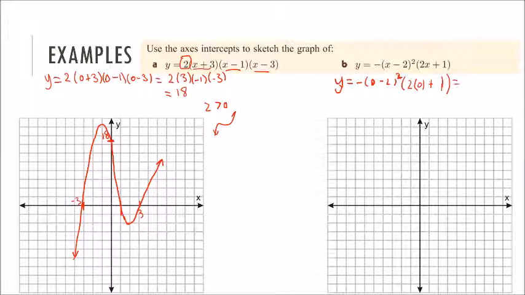Put all of that into my calculator, end up with negative lots of 4 times 1. And that's going to give me negative 4. So now I'm cutting my y-axis at negative 4.